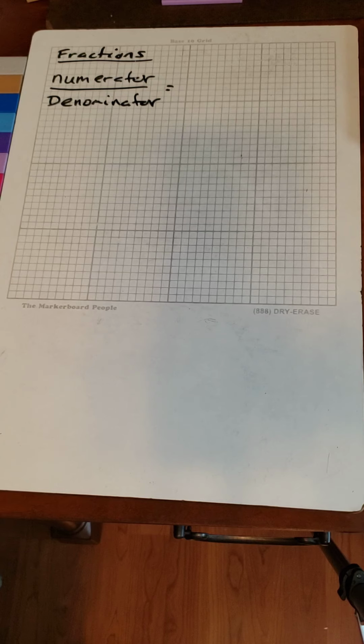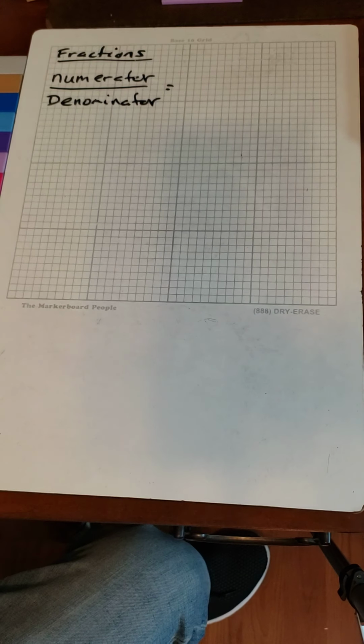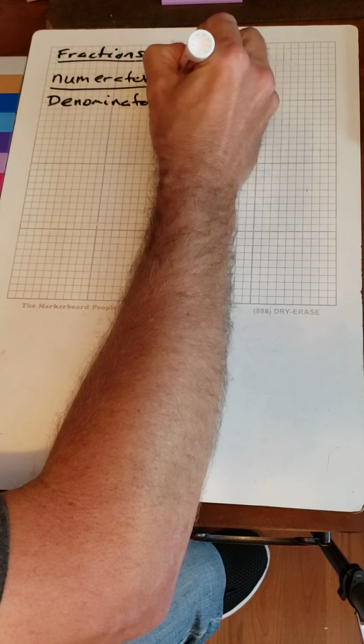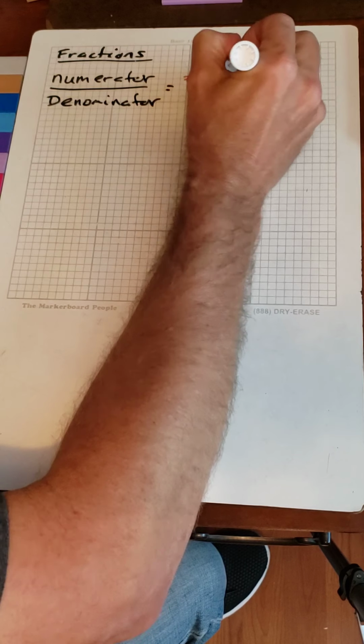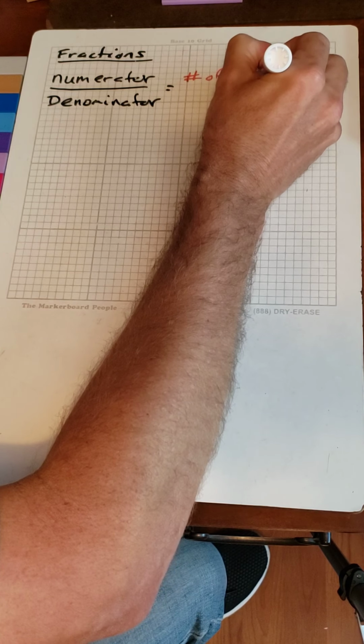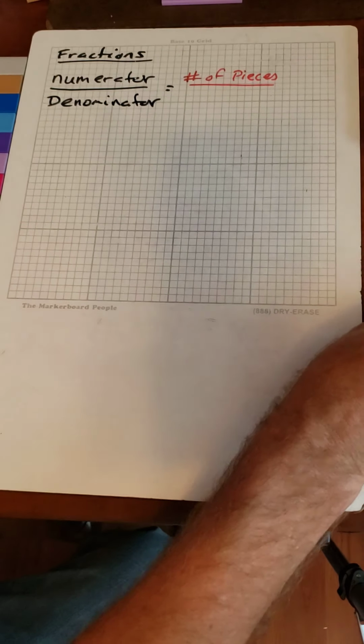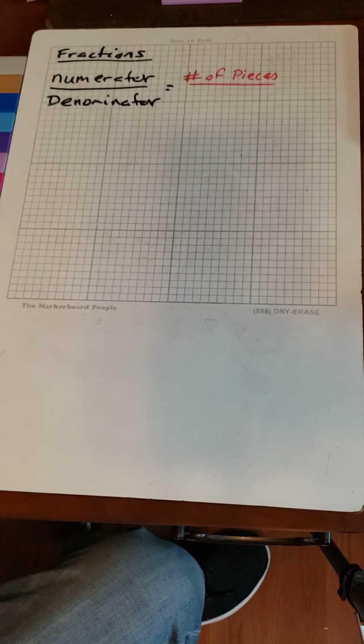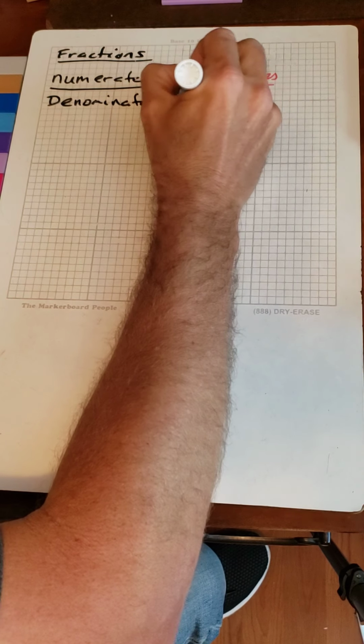We have fractions here, and we already talked a little bit about what they mean. So the numerator tells me the number of pieces that I have. And then the denominator tells me the size of the pieces.